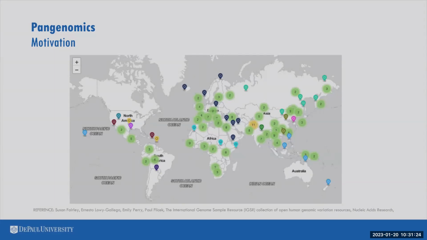This is from the International Genome Sample Resource collection. Basically, it shows the number of human genomes that have been sequenced in different parts of the world. We can see there are a lot of genomes, and this is just information from this particular consortium.